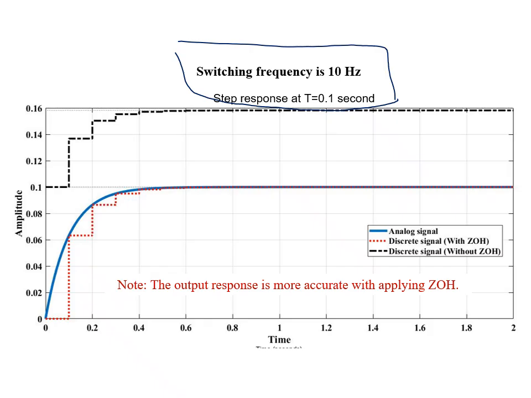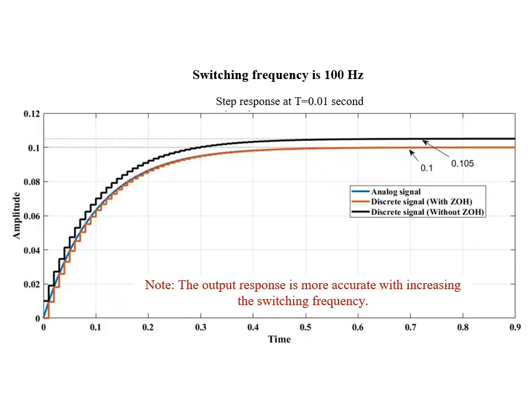which is the curve in blue, the discrete signal with zero order hold in red, and the discrete signal without zero order hold. We can see that the output response is more accurate with zero order hold. It tracks the analog signal, and for the discrete signal without zero order hold, it is away from the original analog signal.